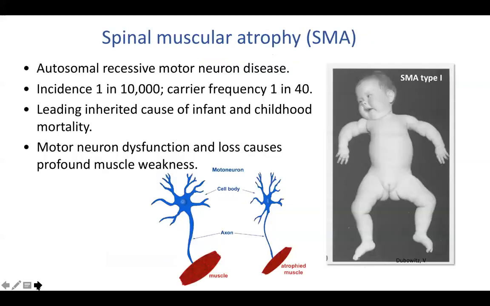So very exciting. And this really led to a big change in the field of spinal muscular atrophy that for decades people thought was not amenable to treatment, and a very devastating disease that really in early infancy and childhood led to devastation.